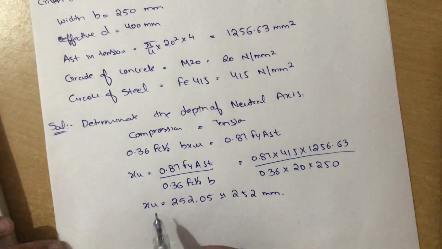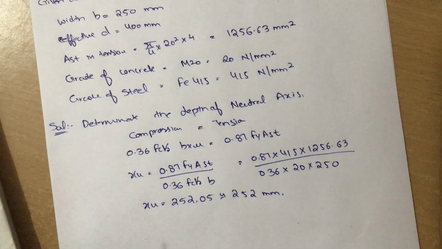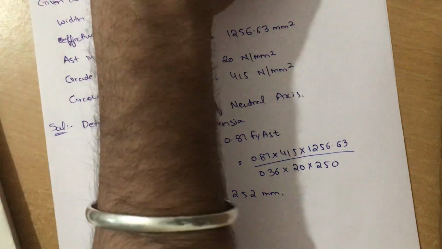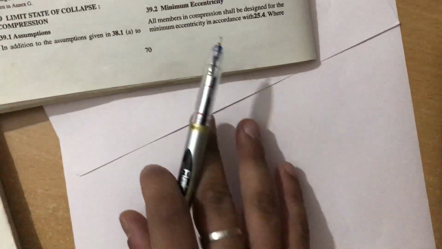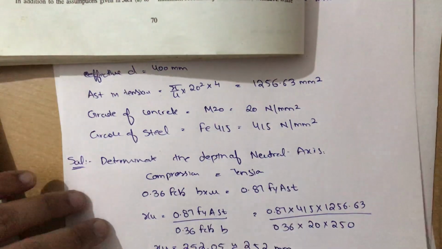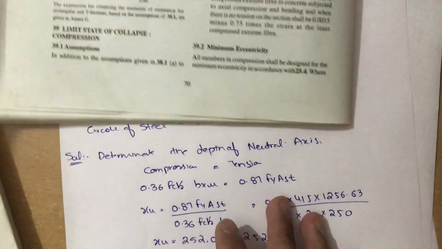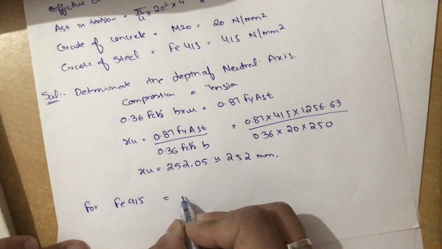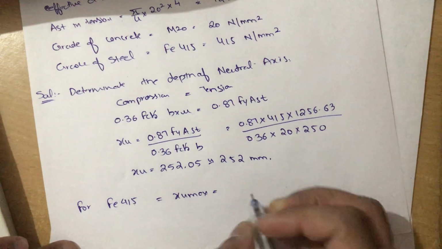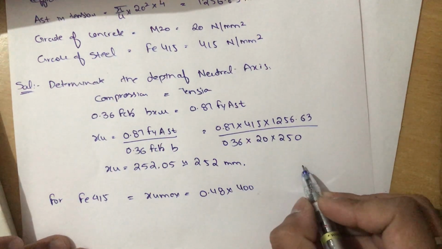So when we have calculated the depth of neutral axis, compare this value with the limiting depth of neutral axis. The limiting value of depth of neutral axis is given in the code page number 70. According to grade of steel, for Fe415, xu maximum is equal to 0.48 into D, which is 400.